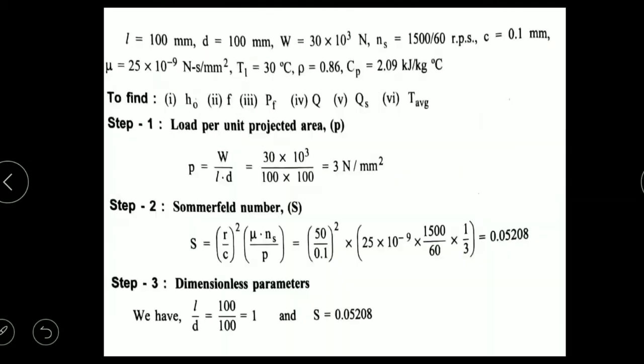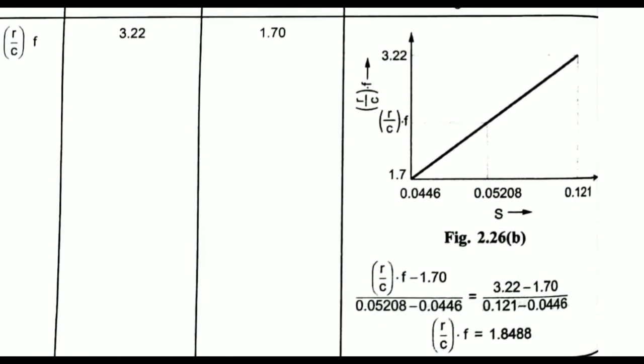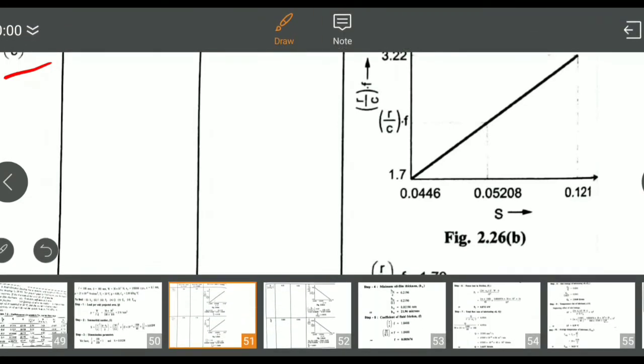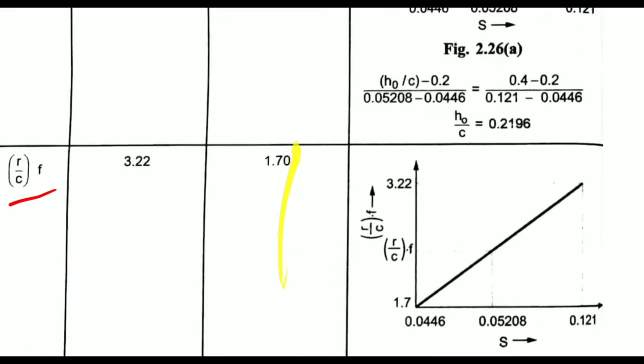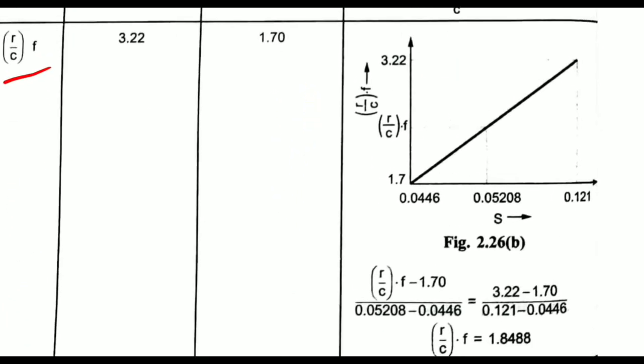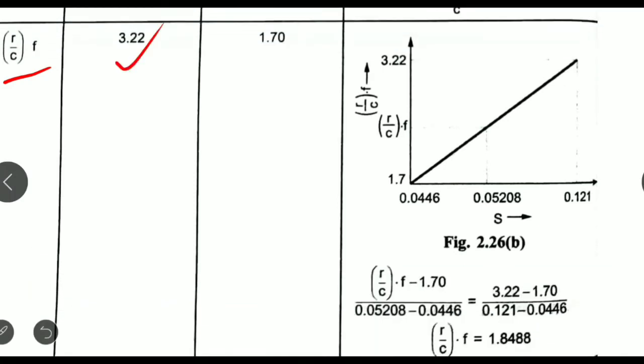I'll draw the graph, coefficient of friction. This is the parameter, and for that parameter this will be the value with respect to R by C. 3.32 that I showed you in the table, and minimum limit 1.70.